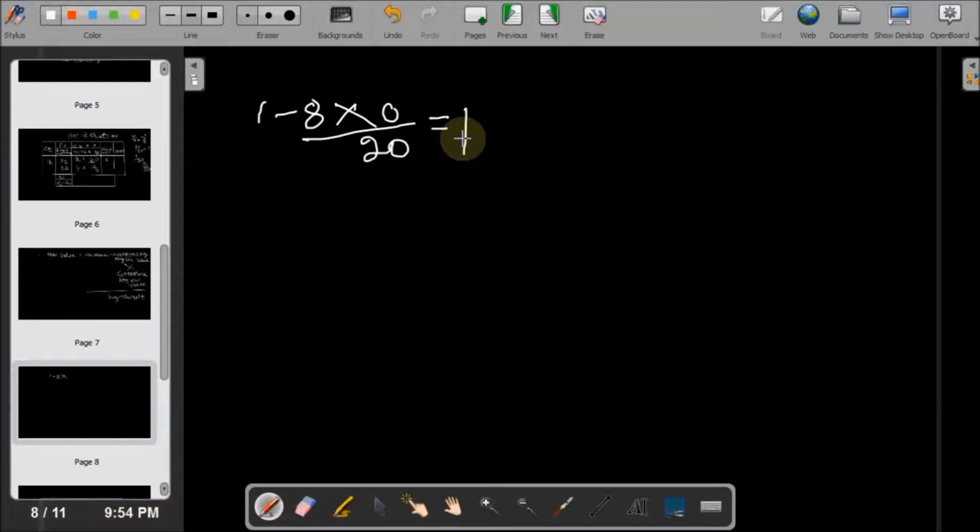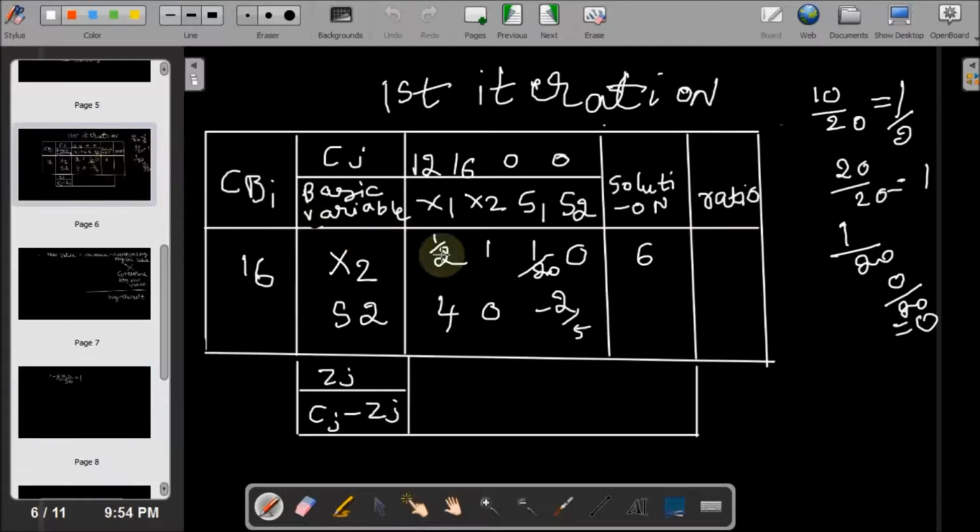So the value is 1 here. So 4, 0, minus 2 by 5, 1. Getting, guys?